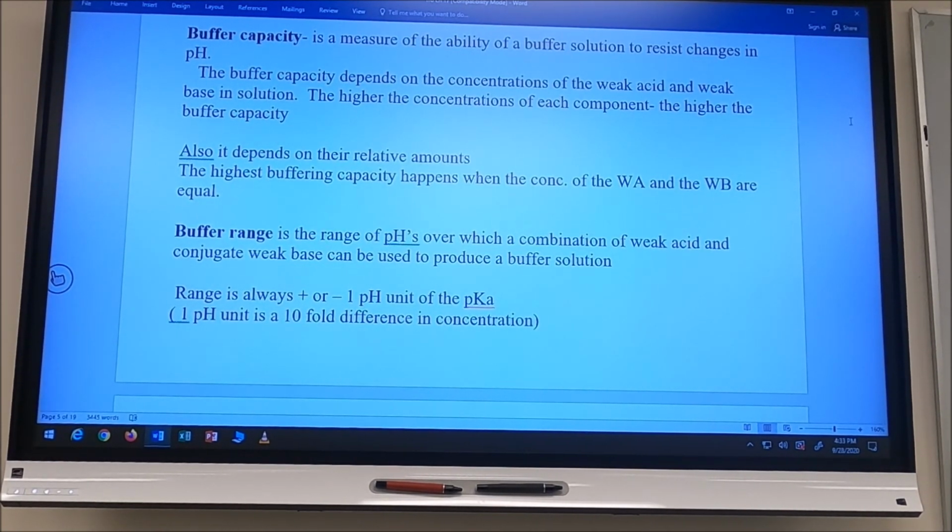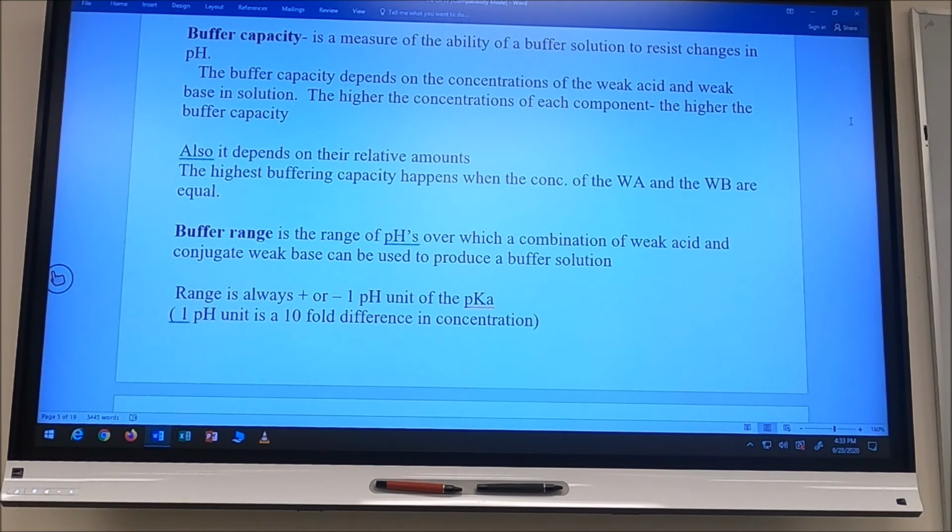Now, it also depends on their relative amounts. The more equal their concentrations are, the better your buffer capacity is, the better your ability to handle an acid disturbance and a base disturbance. The buffer range is a range of pHs over which you can use an acid conjugate pair to produce a buffer. It's always plus or minus 1 pH range from the pKa.